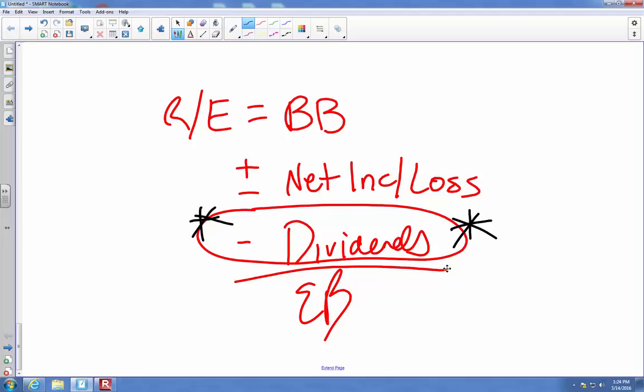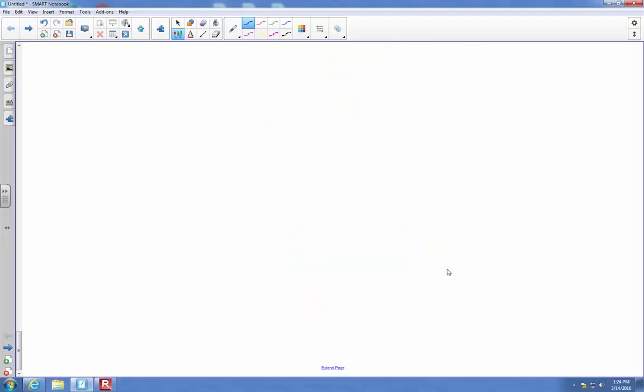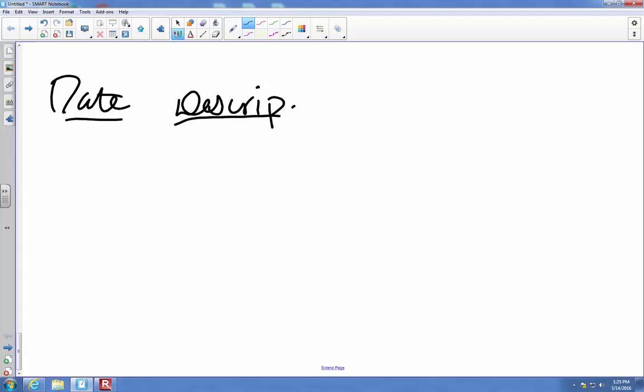All you do for any of these transactions is you're just taking your retained earnings and putting it in a special account called appropriated retained earnings. So what kind of balance does retained earnings normally have?